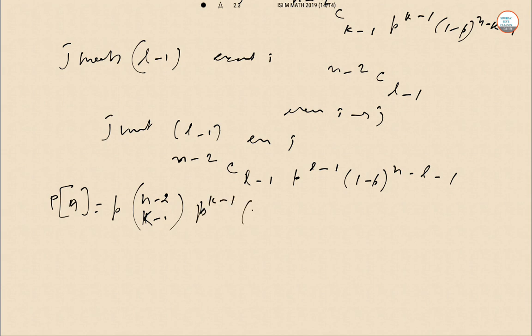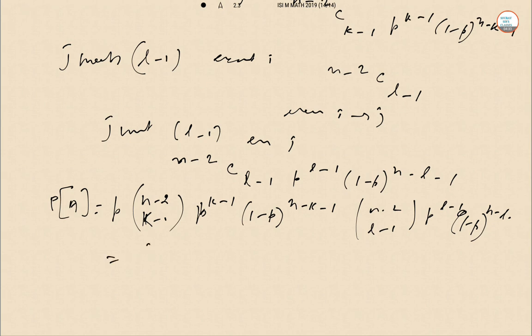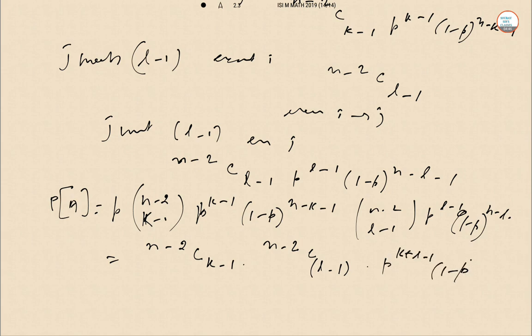This is equal to C(n-2, k-1) C(n-2, l-1) p^(k+l-1) (1-p)^(2n-k-l-2).